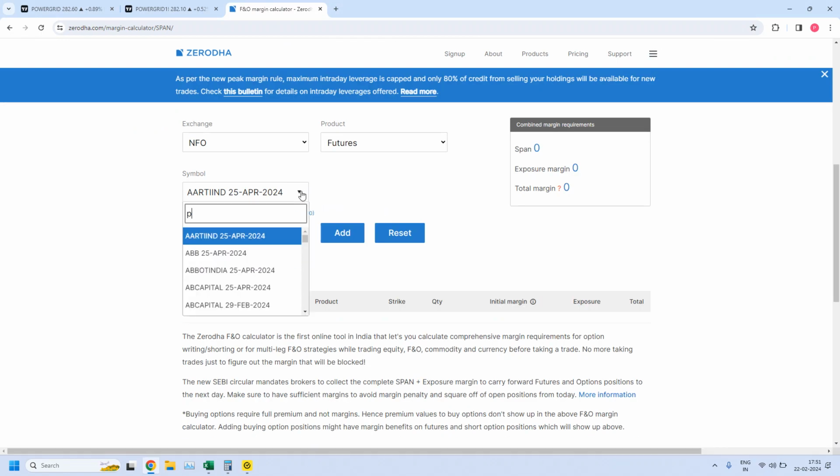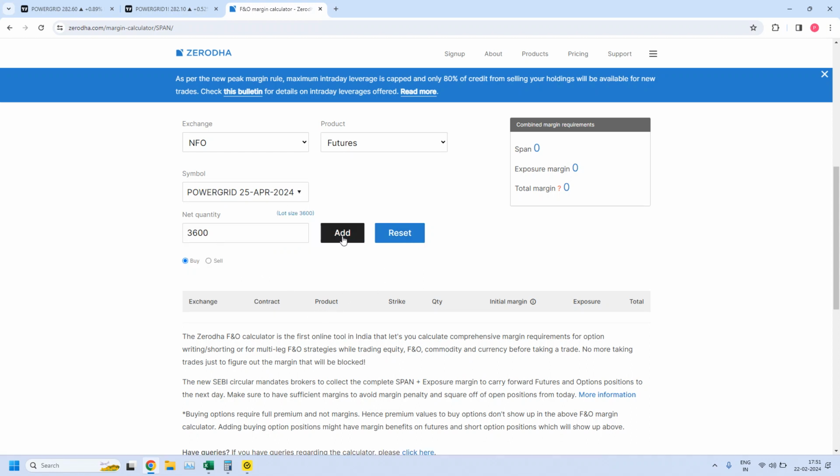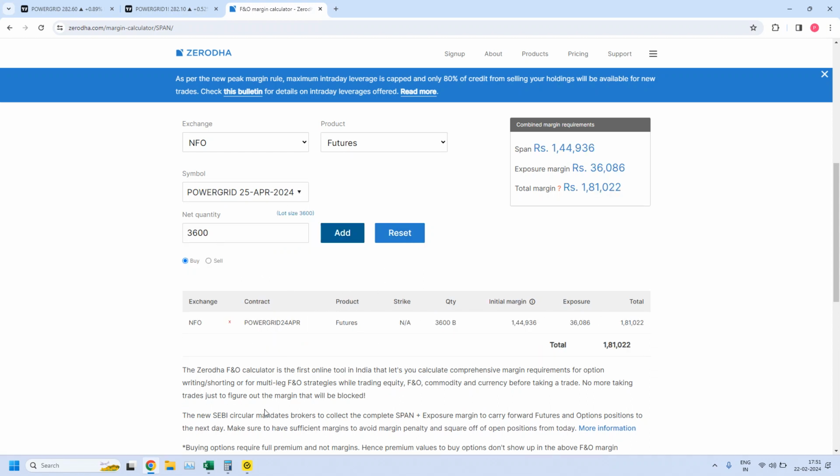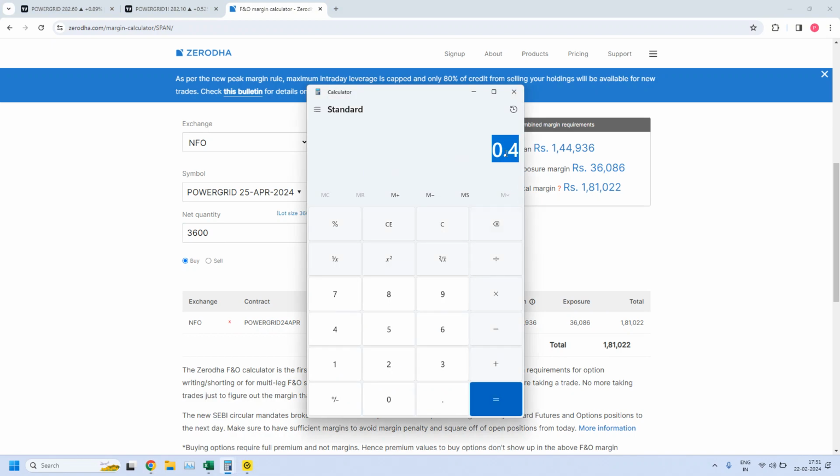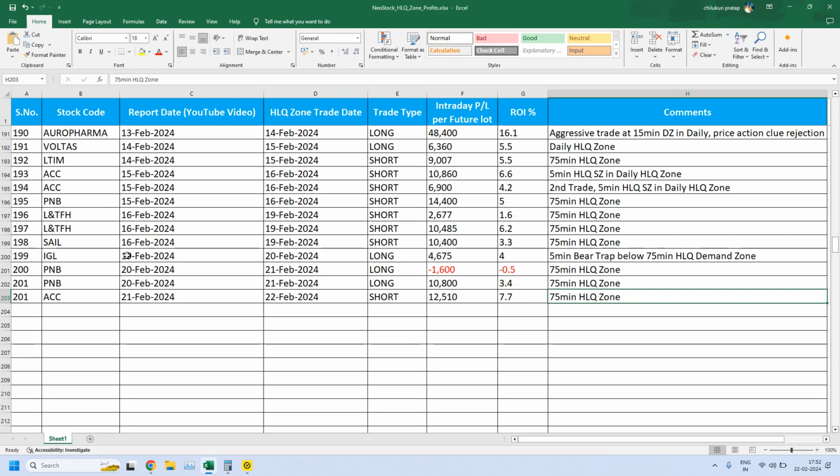Now let me add power grid. So 3,600 rupees. So 0.4 into 3,600. You got 1,440 rupees loss. That is stopped out for power grid. So let us add in the Excel sheet.